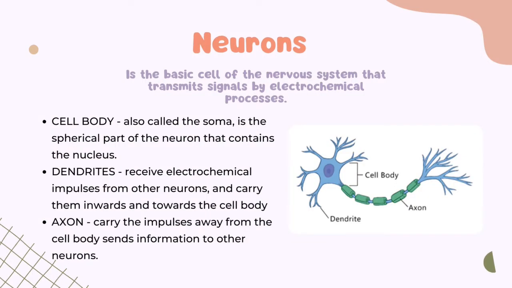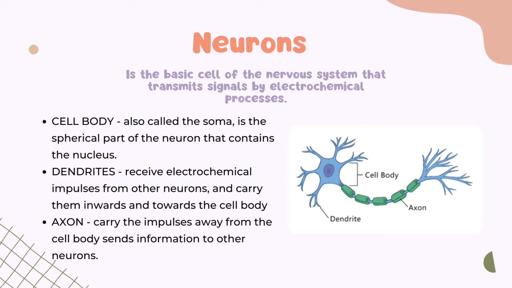Neurons are the basic cells of the nervous system. They are responsible for transmitting all of the signals produced by the body through electrochemical processes.